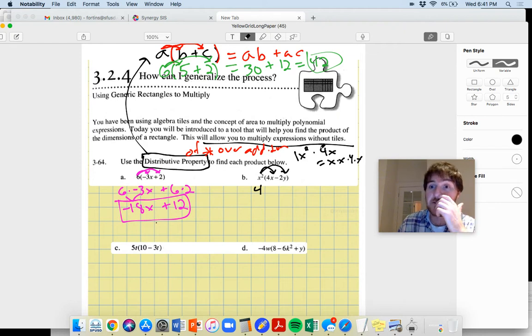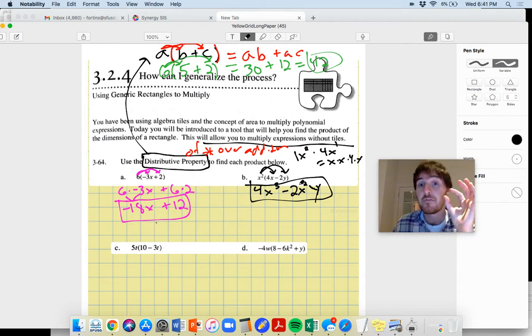Remember your properties of multiplying exponents: if you have a common base, the rule is you add the exponents together. So this is 4x cubed, and then here we have x squared times minus 2y. We get minus 2x squared y. That's what I get for that one, okay?